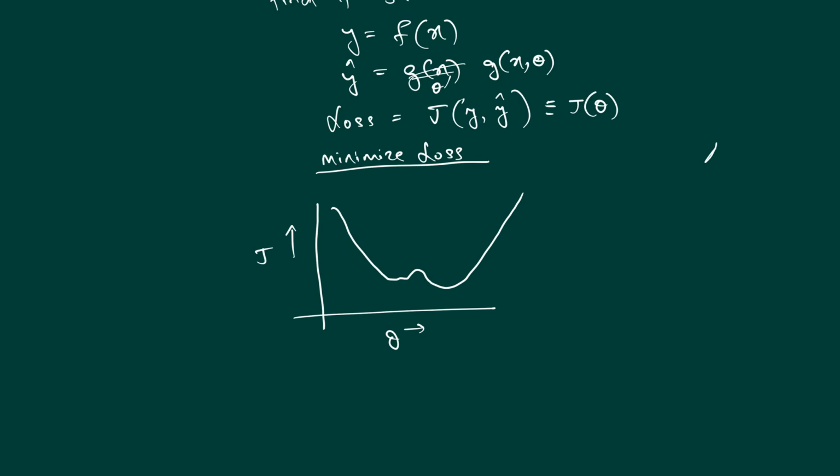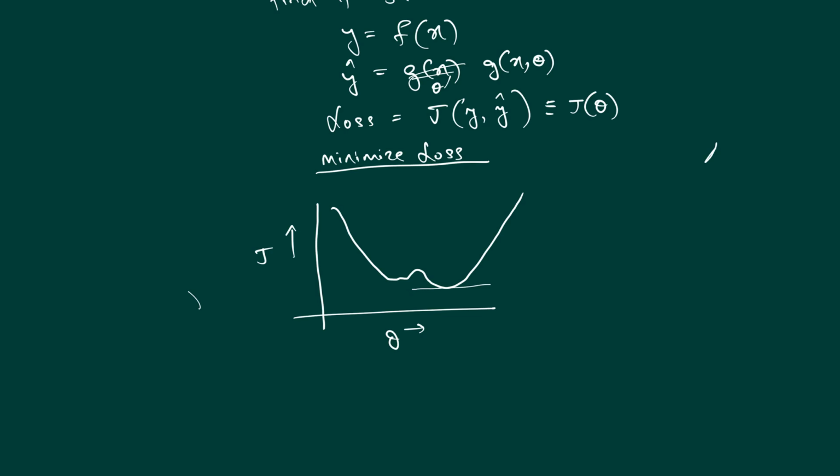So if we were to plot J as a function of theta, and let's say there is some curve, what we want to do is get to the minimum value of J, which is going to be somewhere around here.